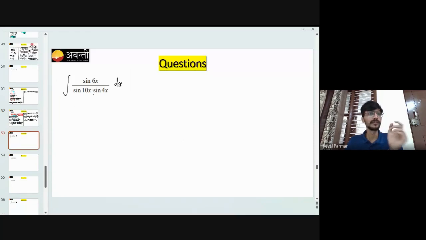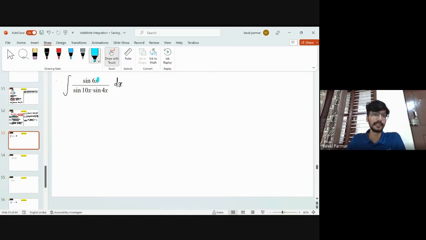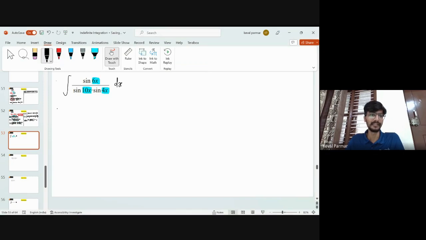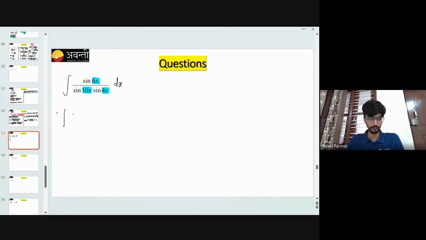This is a similar question, same: replicate the angle of denominator and numerator. So I have to write 6x in terms of 10x and 4x. So I can write it as sine of 10x minus 4x upon sine 10x into sine 4x dx.